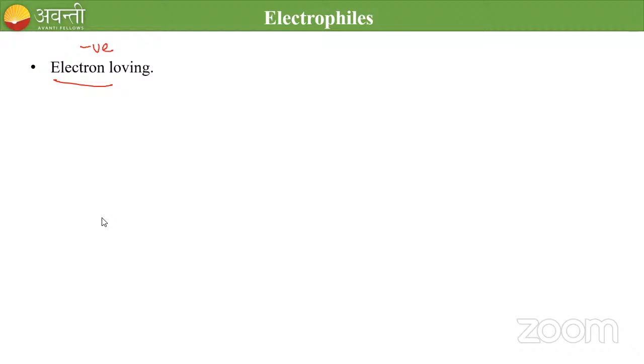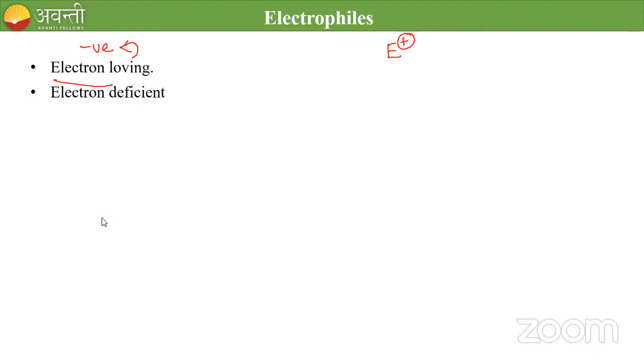If it is loving the negatively charged species, then it should be the positively charged one, right? Only then the positive can love the negative. So electrophiles are positively charged species. Positively charged species are electron deficient in nature.